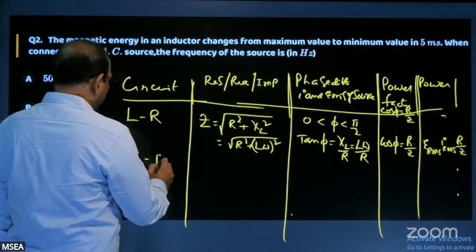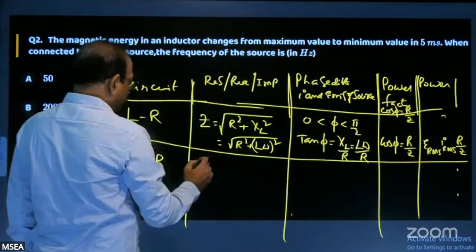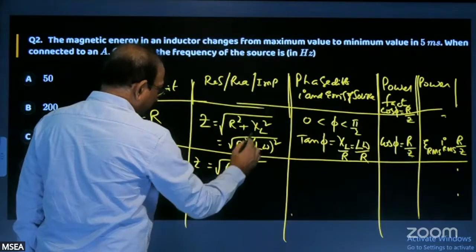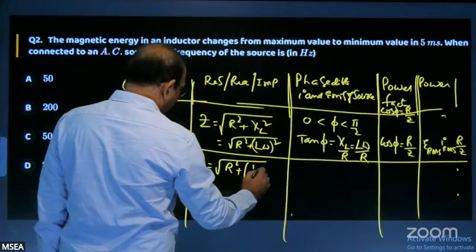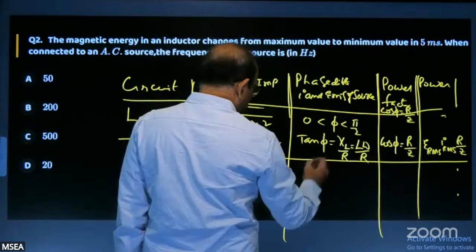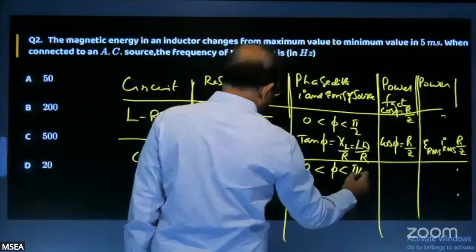Then the CR circuit. Its impedance is root R square plus capacitive reactance square, that is root R square plus 1 by C omega whole square. The phase difference lies between 0 and pi by 2, so 0 less than phi less than pi by 2.